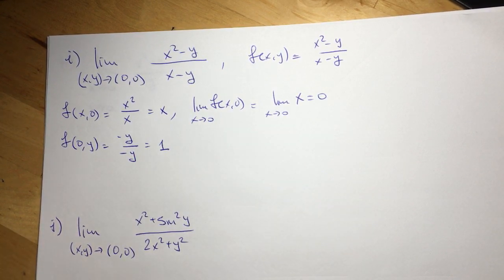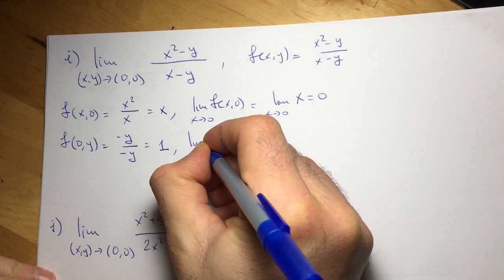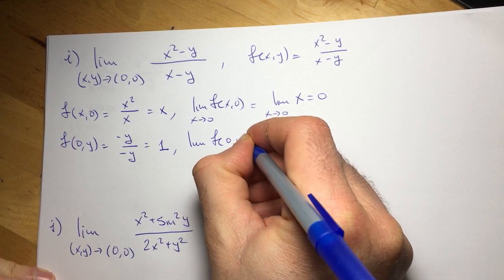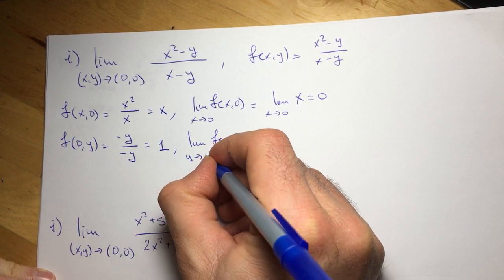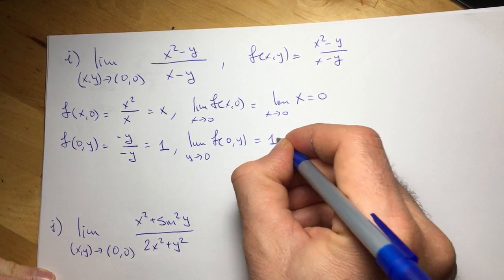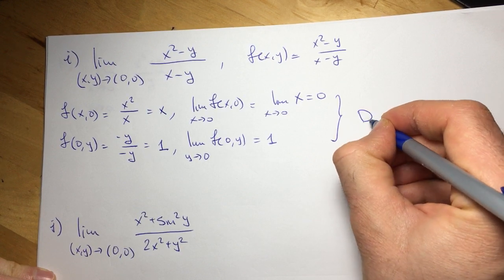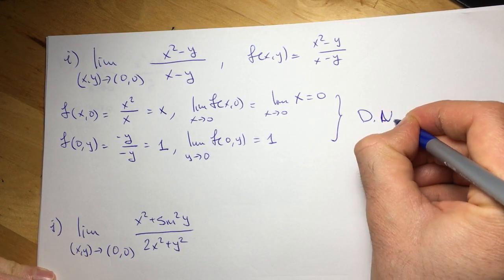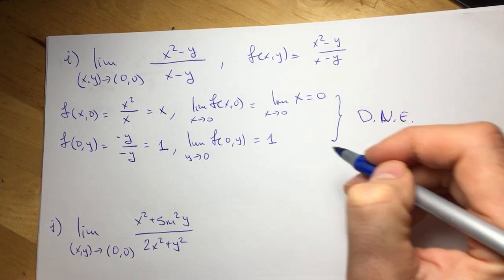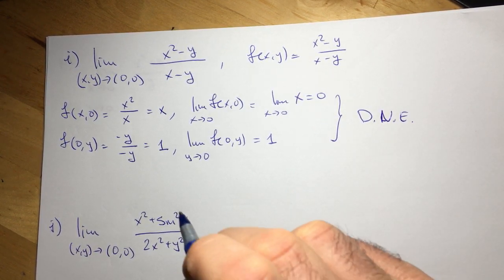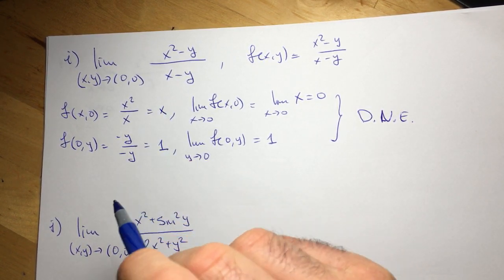And there you go. You can conclude that this limit does not exist. The limit of f of 0 y as y approaches 0 is equal to 1. Because these two values are not equal, I can conclude that the limit does not exist.